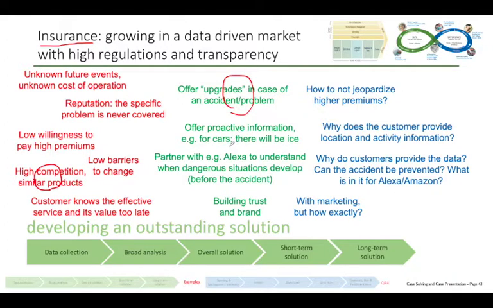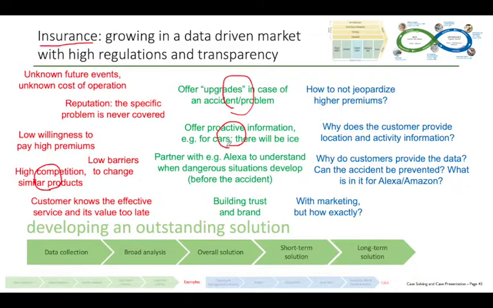A second overall solution would be offering proactive information. So for car insurances, the customer allows us to know where he is, and then we can send the customer notifications like, oh, there is going to be ice, so drive carefully, or there is going to be a thunderstorm, make sure that your car is covered or is parked in an inside underground garage, things like that.